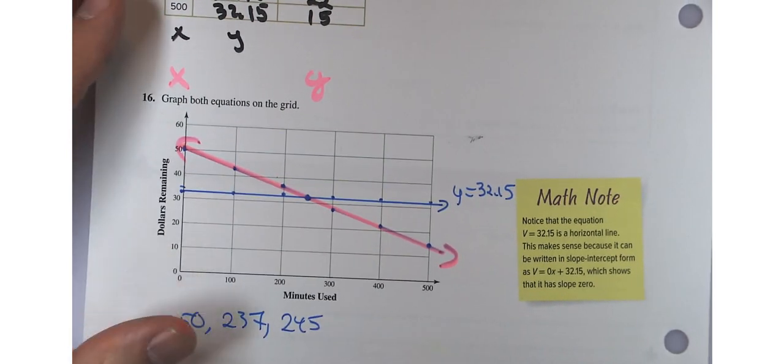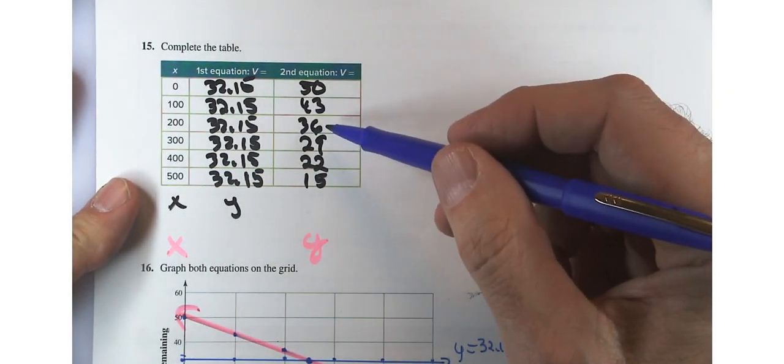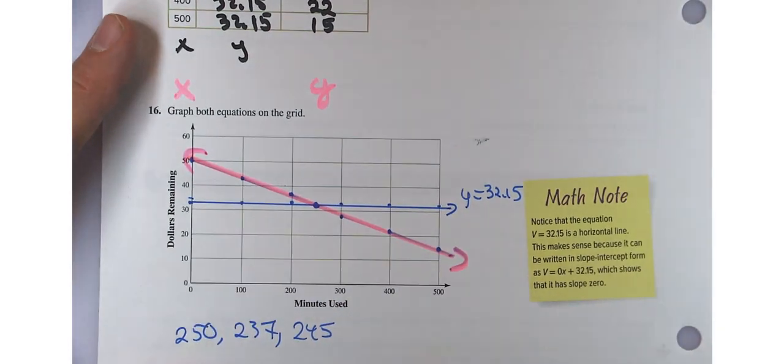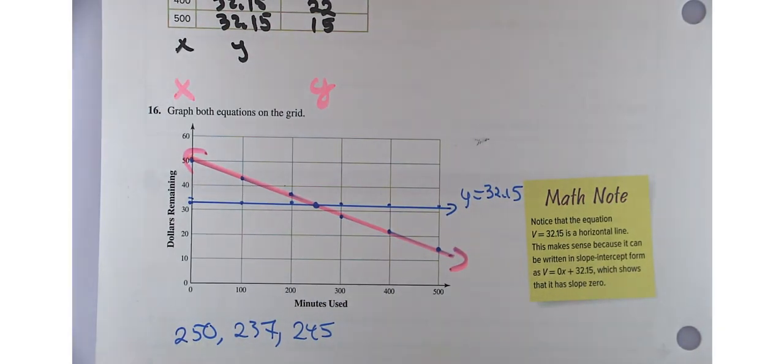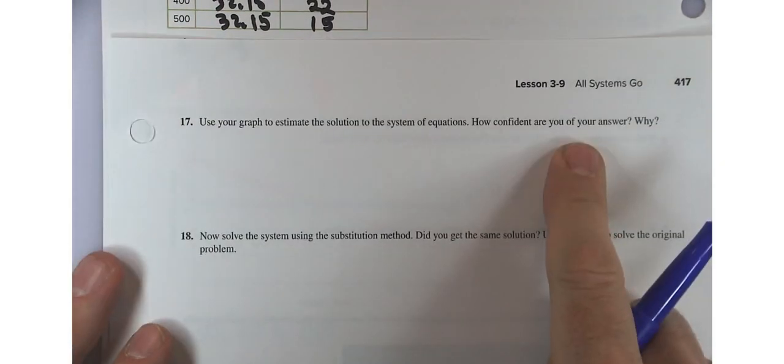It's kind of tough to tell. I mean, we're looking at these, and we know it's someplace between 200 and 300. But even the graph doesn't give us a great idea of where that is. My graph makes it look exactly like 250. I'm not sure that it is. So the question is, do you think we have the exact answer here someplace?